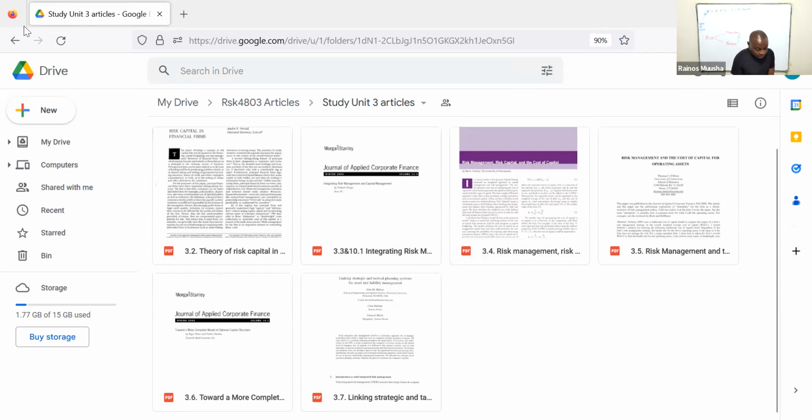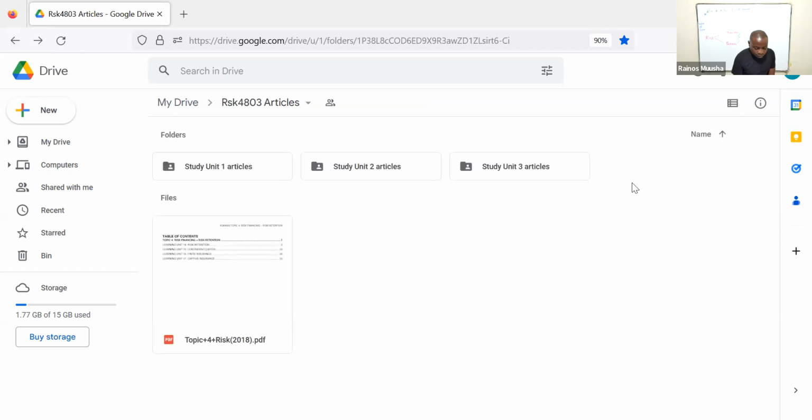So you see that in this case, for this particular package, we have limited access to the articles up to study unit 3. If you are on the platform where your package is the premium, which is the one where you pay upfront and you get all your material upfront as well, you will be able to access the videos and the articles from study unit 1 all the way to study unit 23.